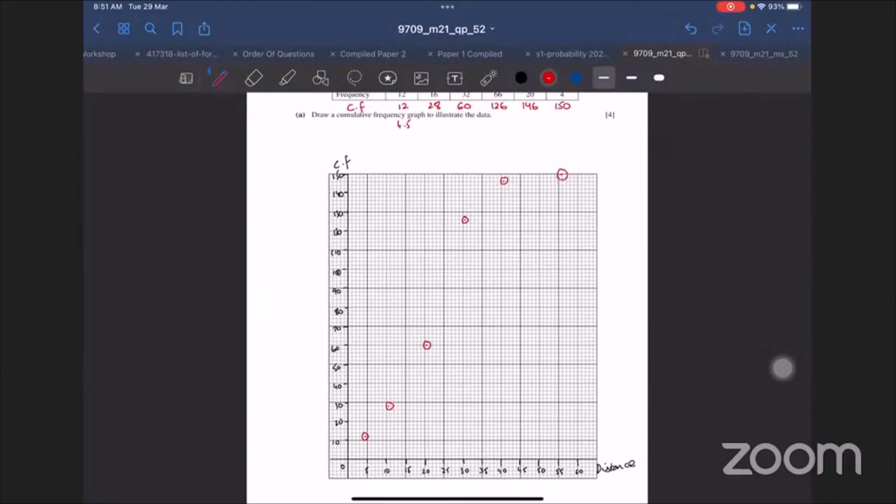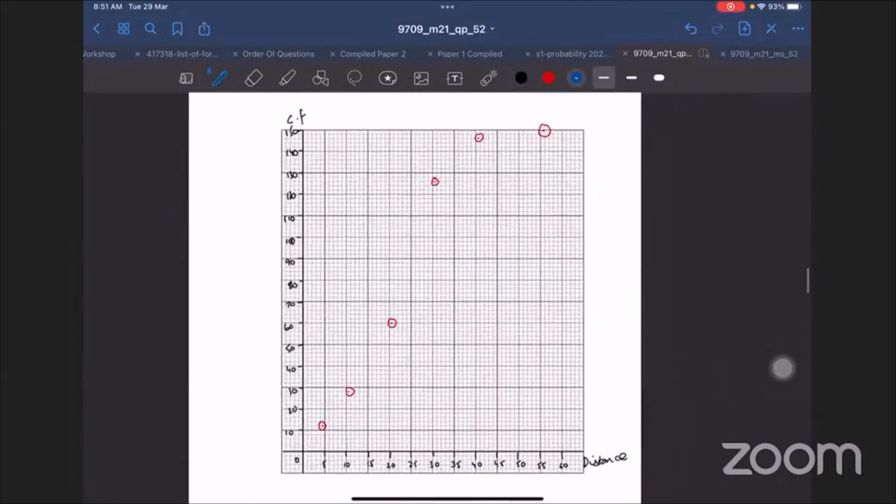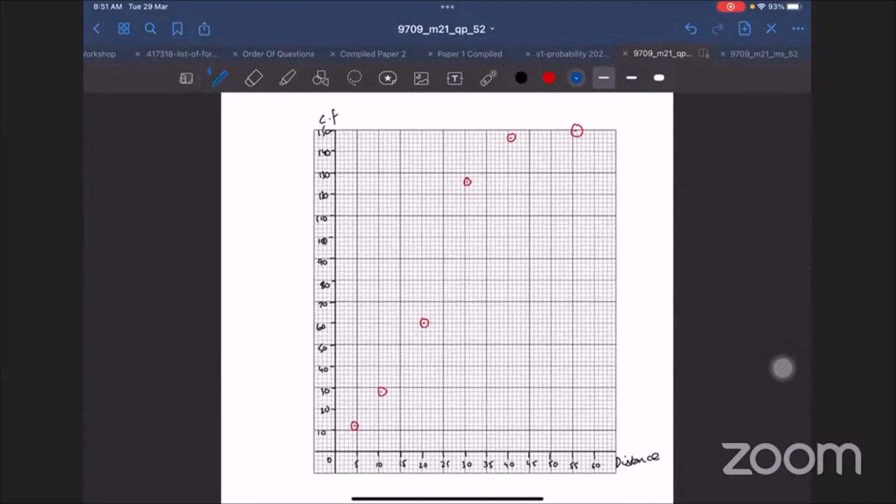Okay. I'm going to draw the graph as smooth as I can. The trick is to not lift your hand from the paper.